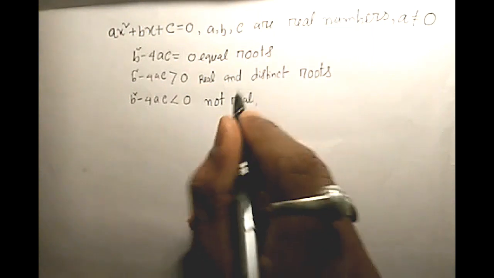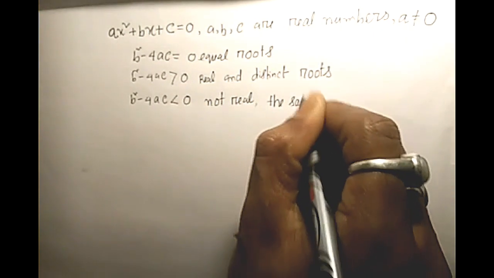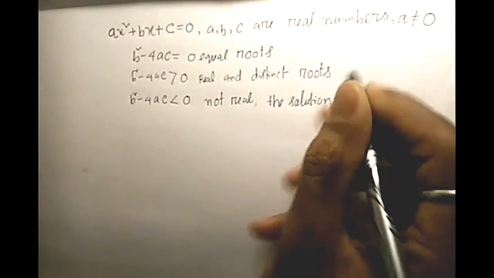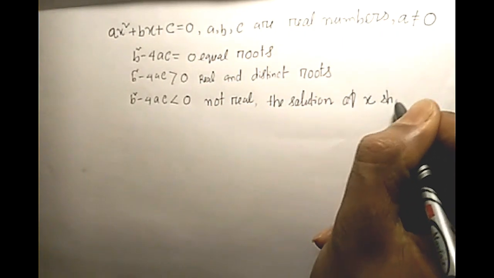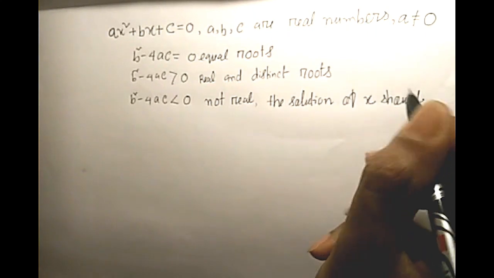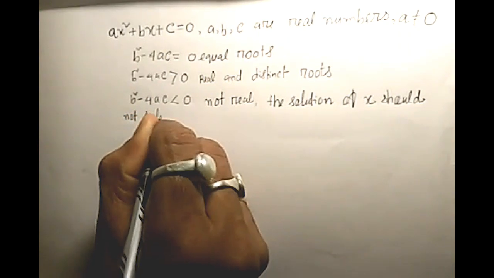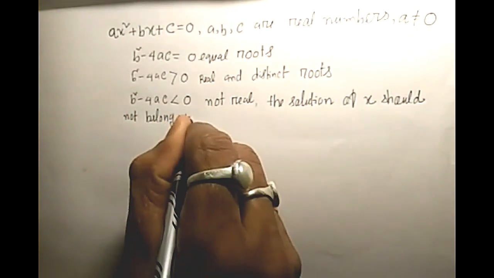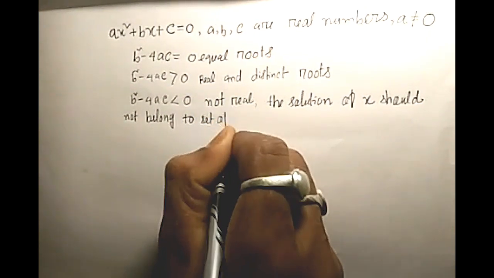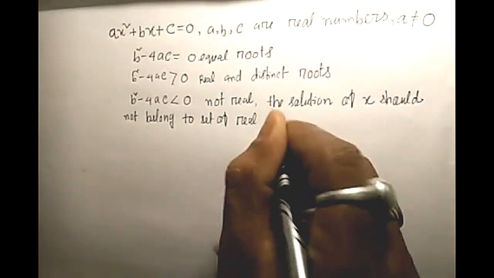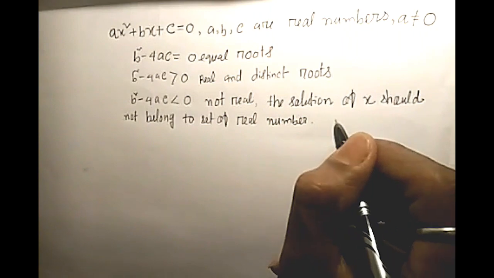Roots are not real means the solution of x should not belong to the set of real numbers. Set of real numbers means x should not be a real number.